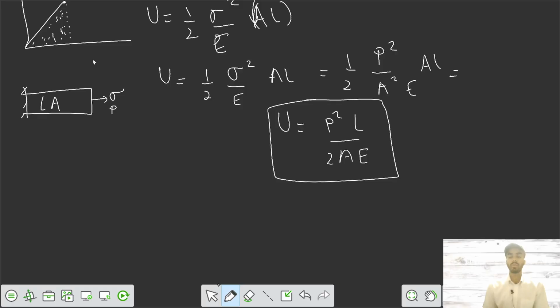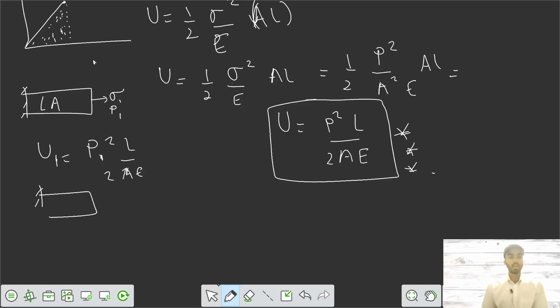This is strain energy in terms of axial force. This is your strain energy, an important one. Let's say you have applied force P1. Your strain energy U1 was P1 square L upon 2AE.